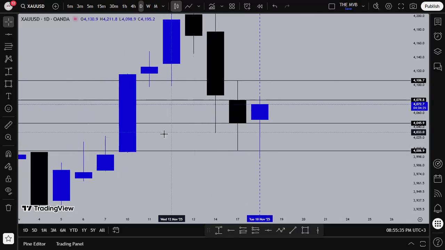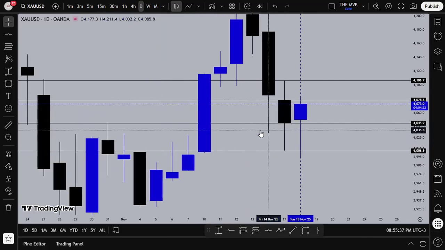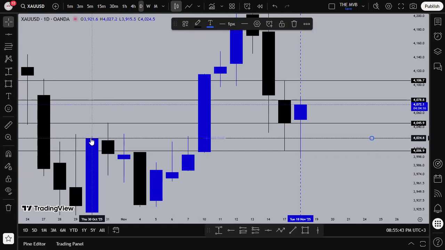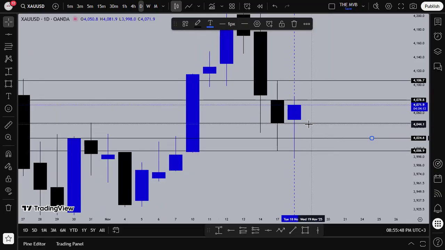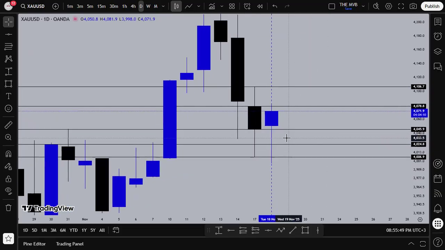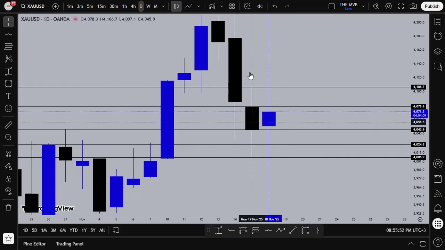We look at the price action to the left. If we see any highs and lows, we mark the bodies. So we can see the highs and lows here. We mark that body, okay? And we can't see any other data. So we can use these levels that we marked to trade the price action of today.